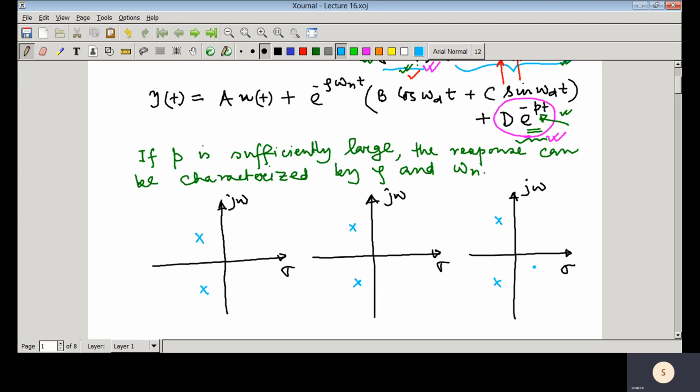Dominating poles are closer to the origin, because due to those poles the transient in the time response is accountable. That means the effect of those poles in the time response is more compared to the effect of the other poles.